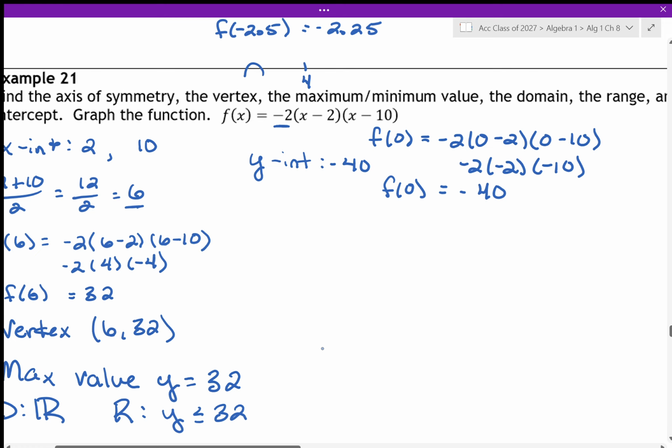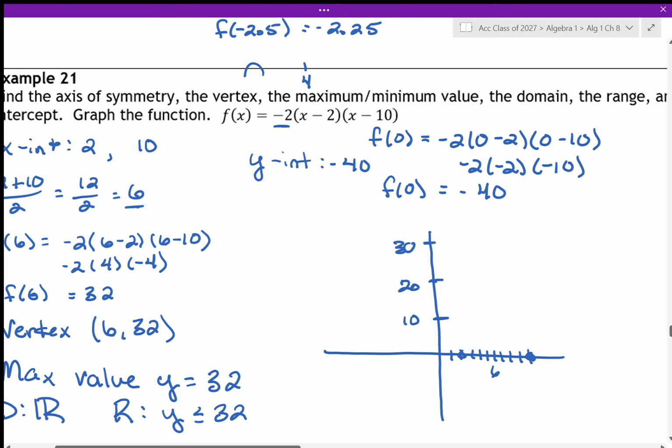Now we'll go and graph. My x-intercepts are at 2 and 10. And then for my y values, I'm just going to say there's going to be 10, 20, 30, and I'm going to go a little bit higher. So what is this? 2, 3, 4, 5, 6.